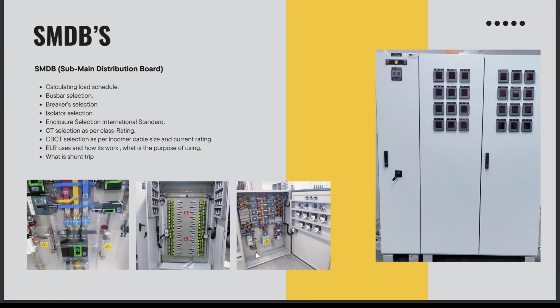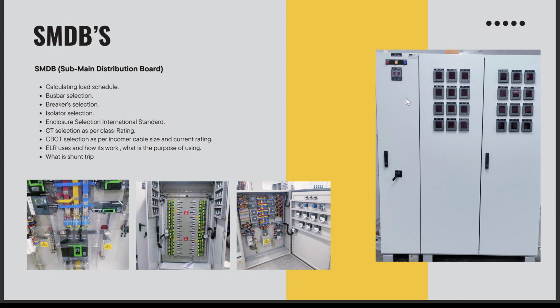Next, we will go to SMDB. In the SMDB section, we will learn calculating the load schedule, selecting the busbar and breakers. This one is a busbar, and this is a breaker, these are all breakers. Isolator: sometimes the customer requirement is an isolator, and at that time we provide an isolator.